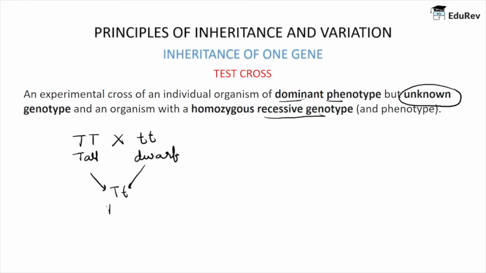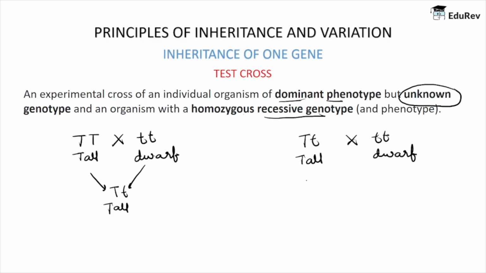So now the plant here will be tall. And another case is, if I am taking a dominant phenotype, tall again, without knowing its genotype, and I am again crossing it with the dwarf plant.